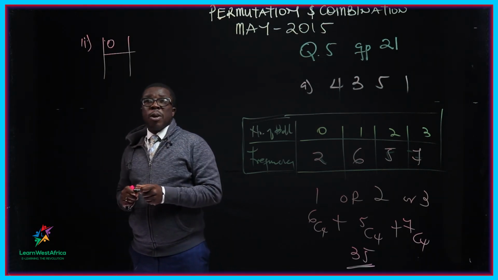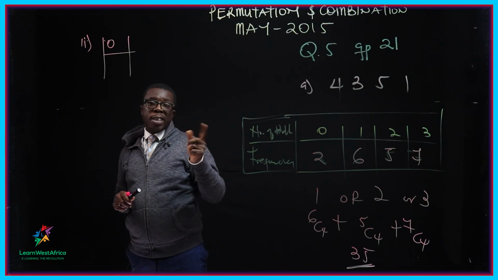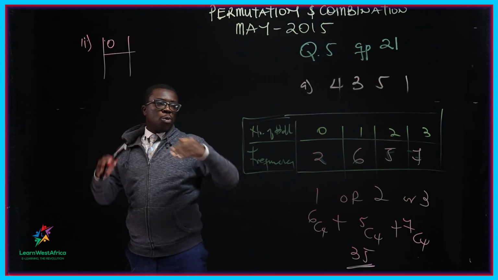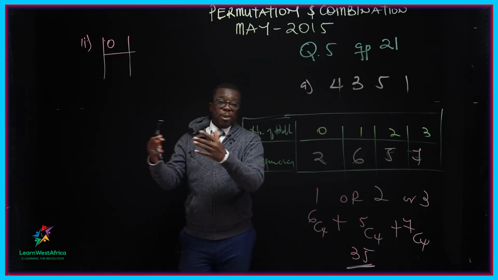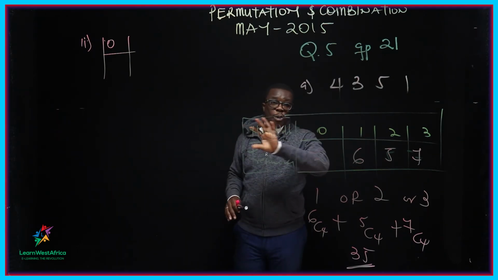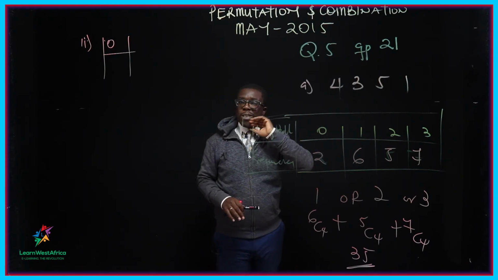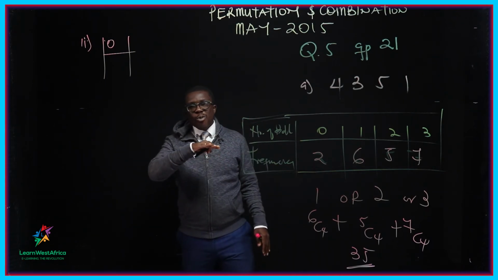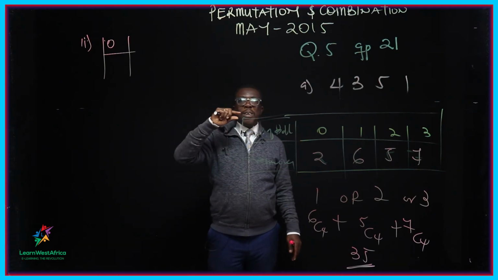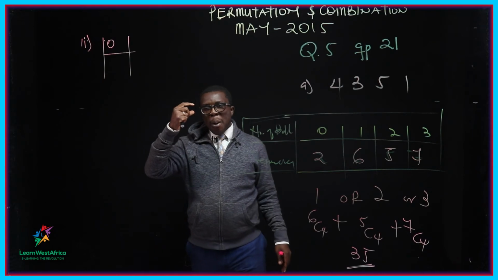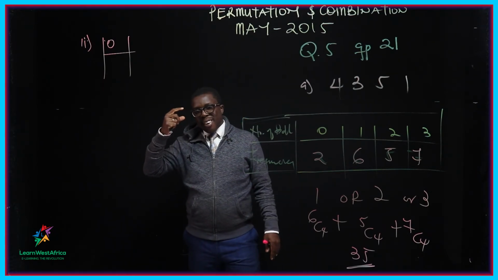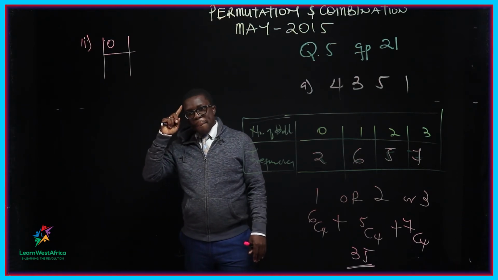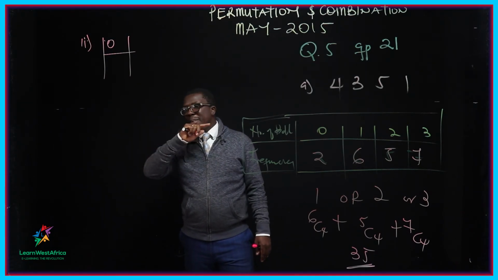We are saying the balls all should have different numbers, so what you have to do is break it down to see the number of possible arrangements if you're going to have different numbers for the balls. All the 4 balls should have different numbers, which means that you cannot have more than 1 ball having the same number.